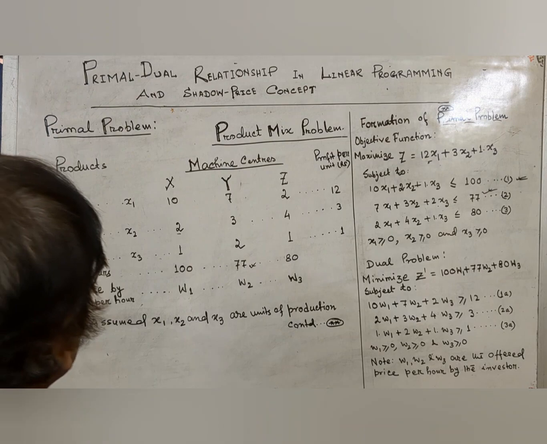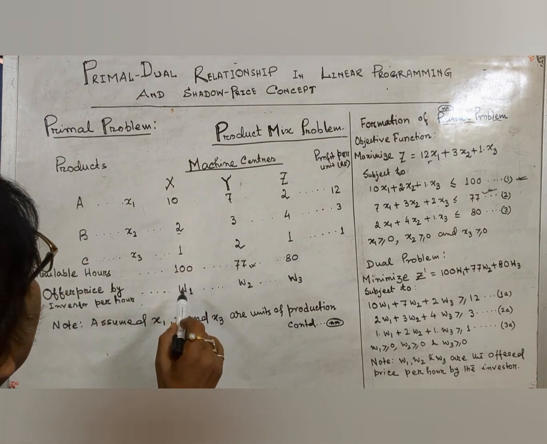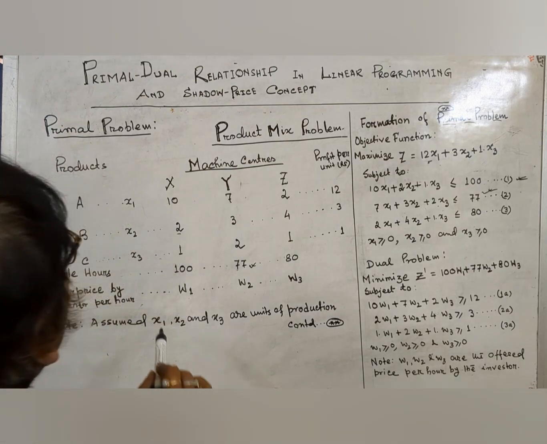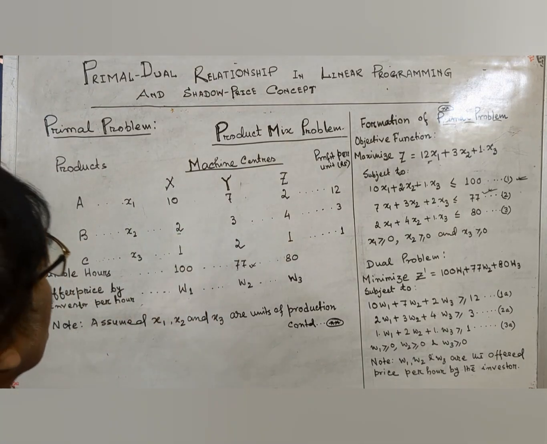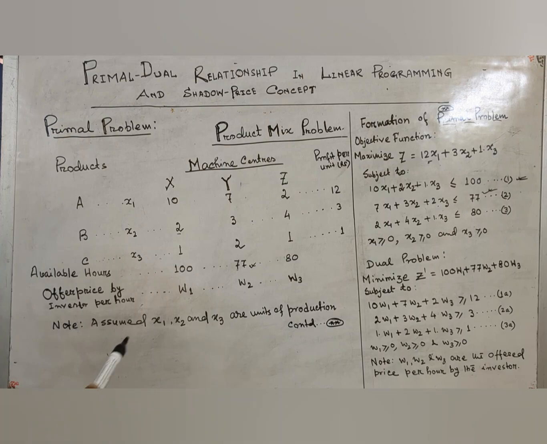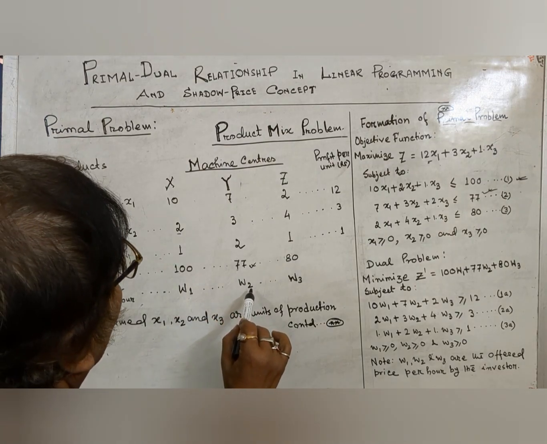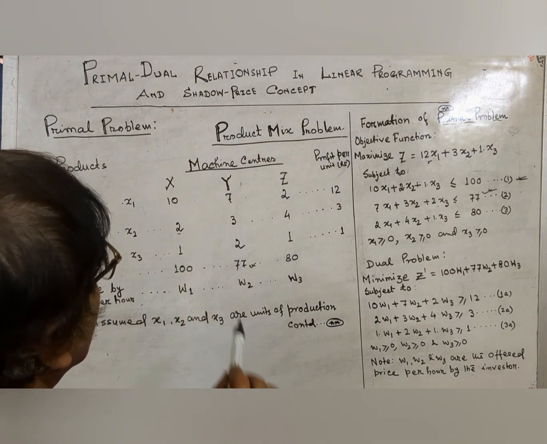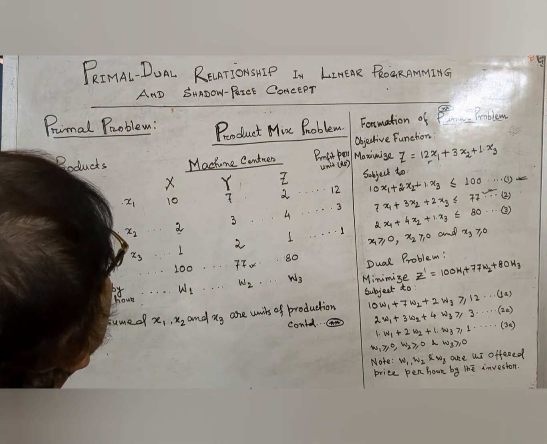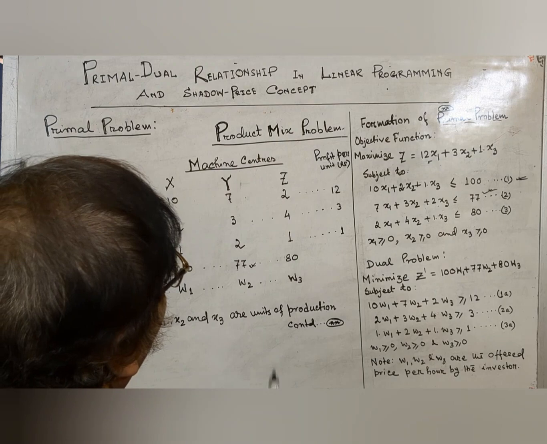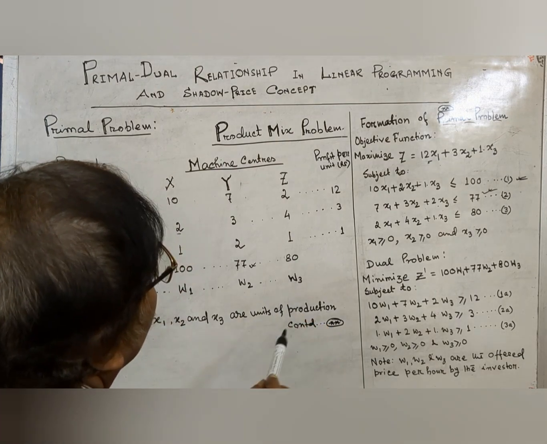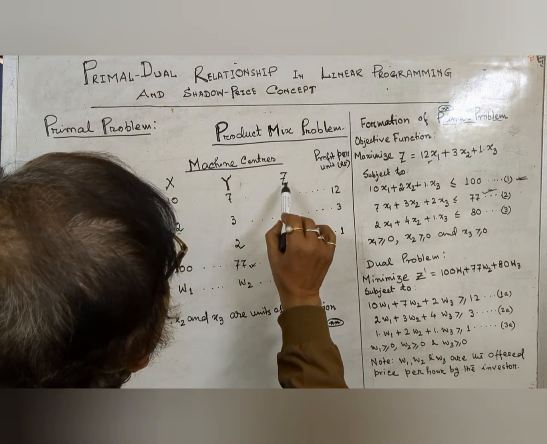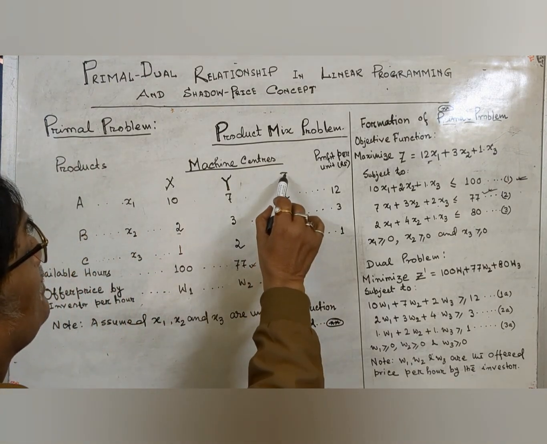For that purpose the investor offers rupees W1 per hour of the resources X, that is grinding machines, rupees W2 per hour for polishing resources, say Y, and rupees W3 per hour for finishing centers, that is Z in this case.